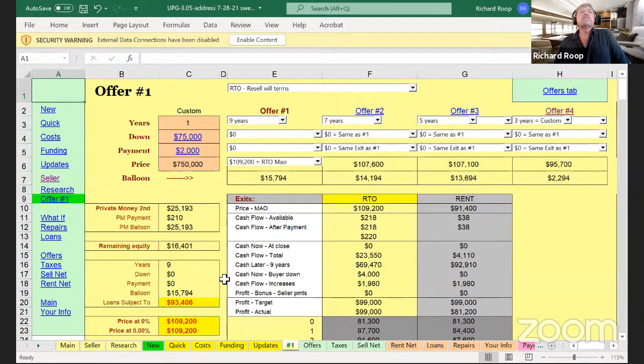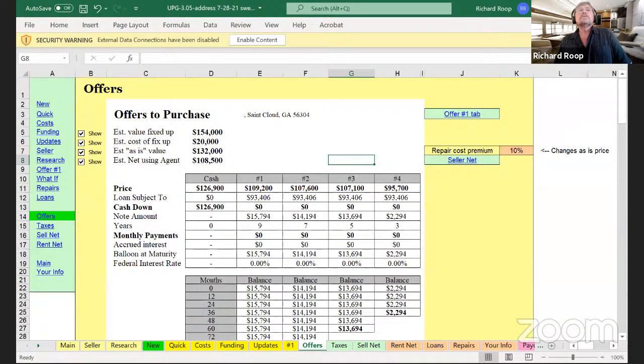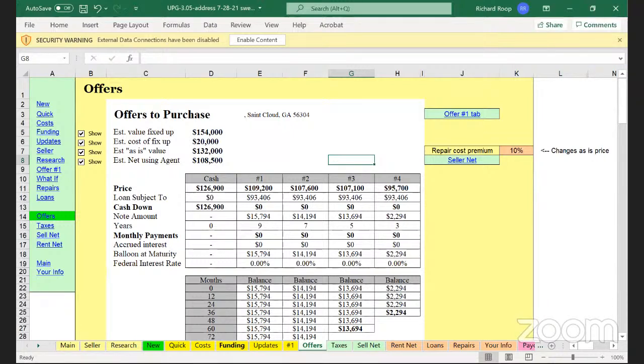Okay, we have equity available. So now our offers. Okay, now we're borrowing 25,000 to fix it up. See, now look at our offers now, right? I told you sweat equity is the most profitable exit, right? Mm-hmm.